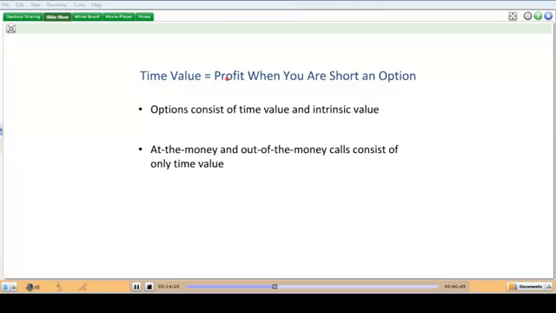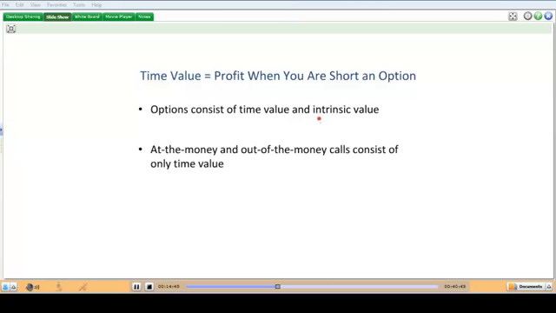When you short an option, the time value portion of that option becomes profit at option expiration. Options consist of time value and intrinsic value. So if you add the time value to the intrinsic value, you come up with the premium for the option.